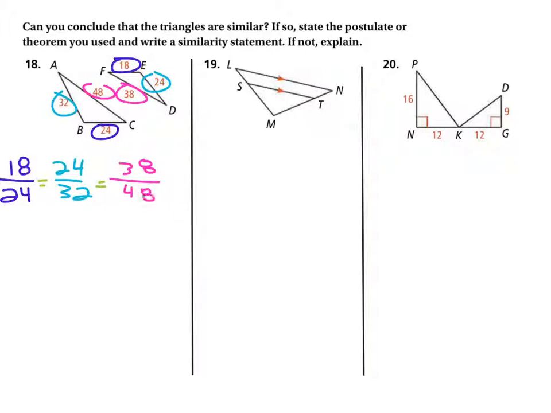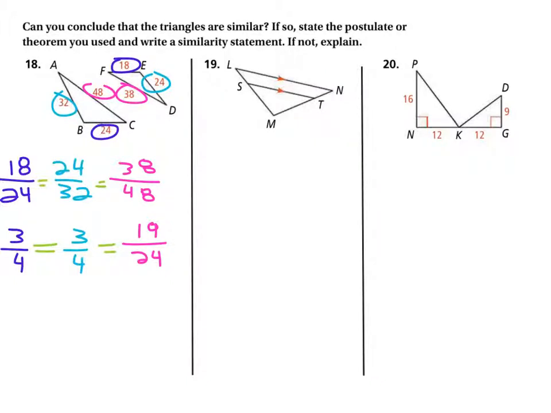We need to simplify these, so 18 over 24 dividing by 6 simplifies to 3/4. 24 over 32 dividing by 8 simplifies to 3/4. And 38 over 48 simplifies by dividing by 2 to 19 over 24.